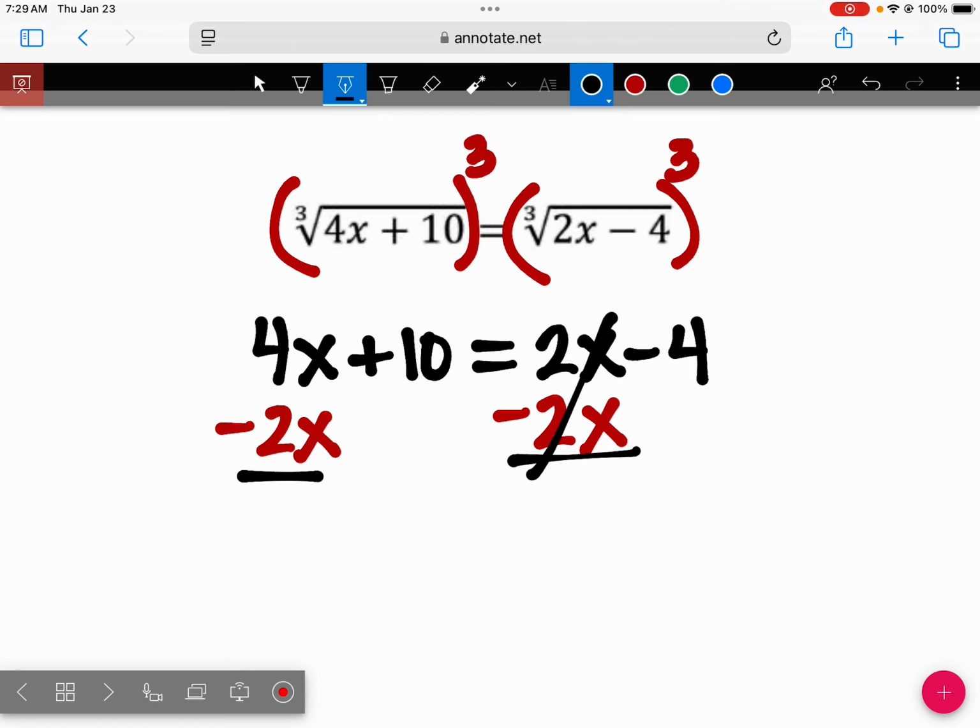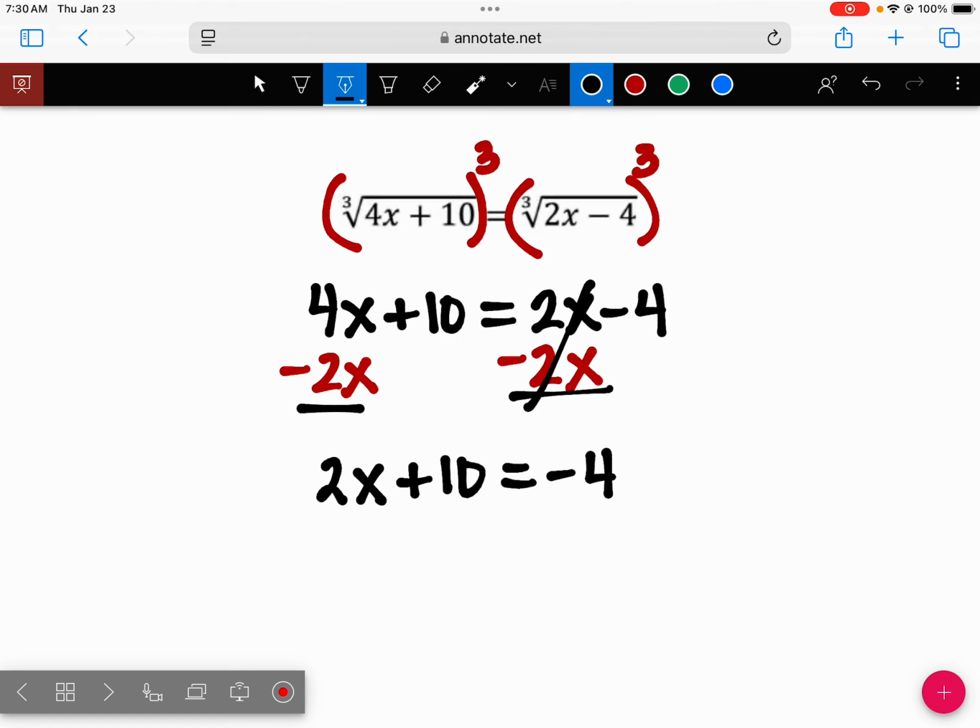So what is 4 minus 2? 2. So we have 2x, and then bring down the plus 10, and that equals negative 4.